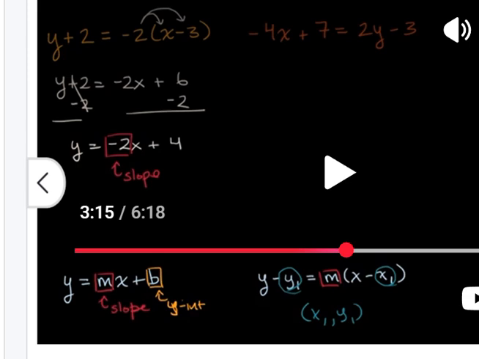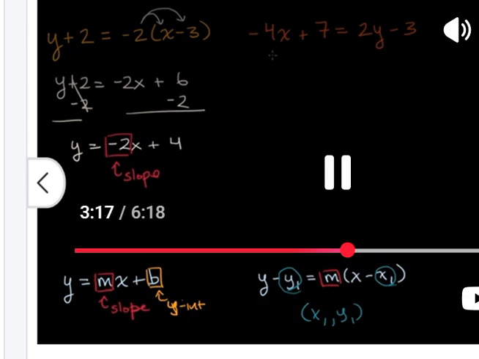So one thing you can always plug in is 0, and that will give the y-intercept. If you plug in 1 for x, you know that y equals negative 2 plus 4 equals 2. So 1, 2 is another coordinate. Now you have 2 points, and you can draw the line.